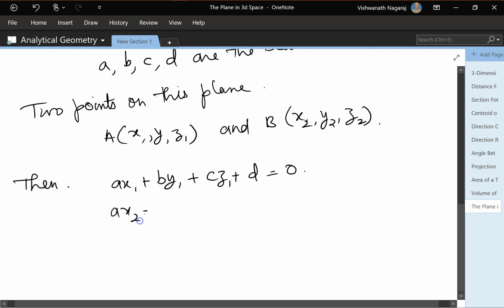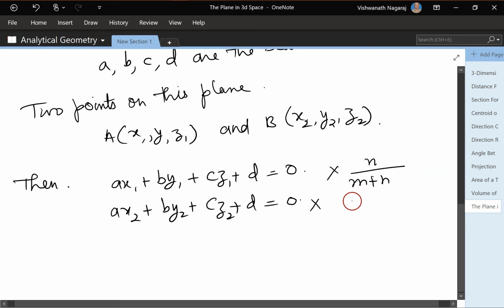Similarly, ax2 plus by2 plus cz2 plus d equal to 0. Now remember simultaneous linear equations. Let's multiply the first with n divided by m plus n, and the second one with m by m plus n. Now why are we doing this?